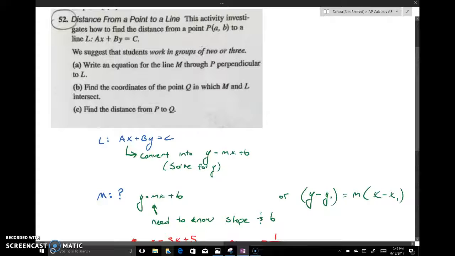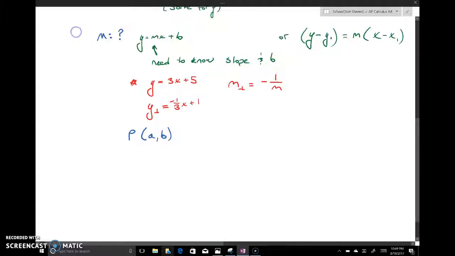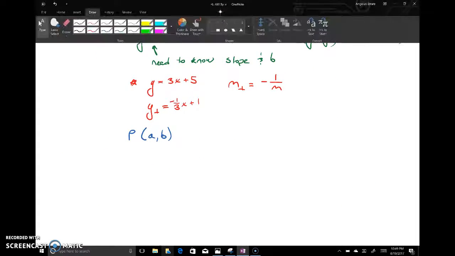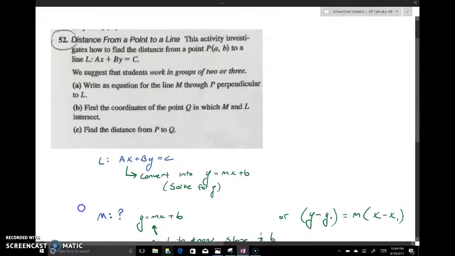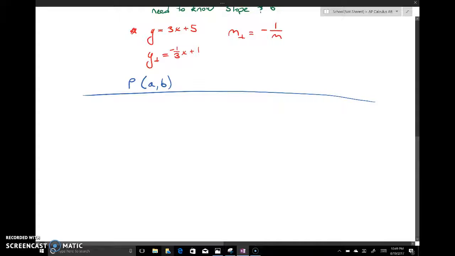Now, part B says find the coordinates of the point Q in which M and L intersect. Now, for that, let's imagine that line L looks something like this, and line M looks something like this. They're perpendicular to each other.